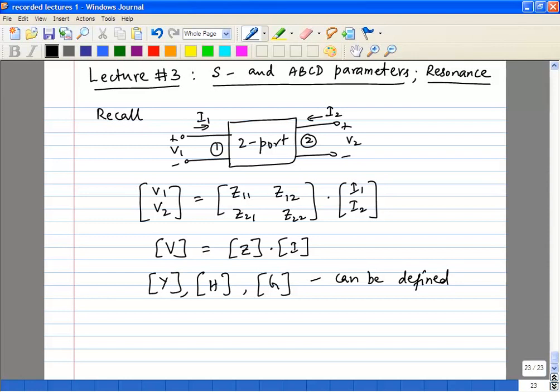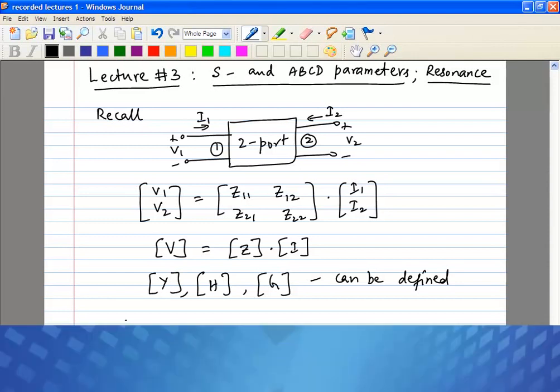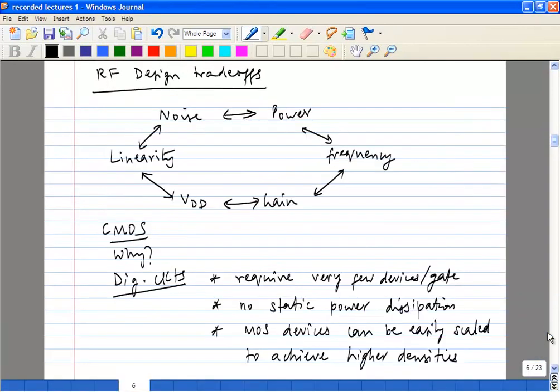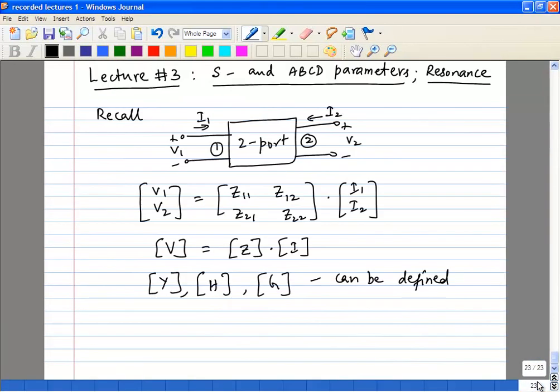Now, what we notice is all of these relate your voltages and currents of the two port. This is valid for any two port.